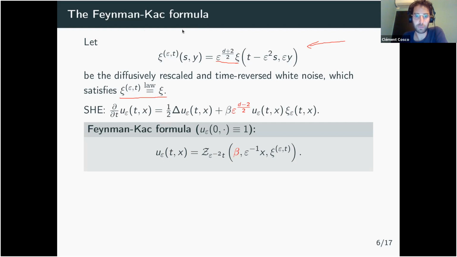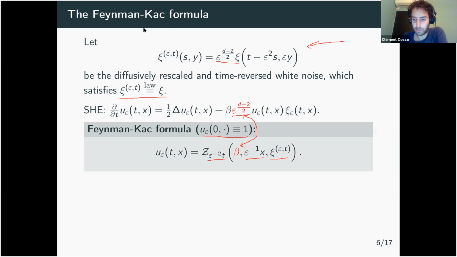So coming back to the equation, if you apply the Feynman-Kac formula to the SHE equation, you will simply find that this equality holds: if you start with a flat initial condition of the SHE, then the solution of the SHE is given by the rescaled polymer partition function, rescaled in time and in space, under this rescaled noise instead of the original noise, and at the temperature beta. Let me mention that an important fact of taking this epsilon to the d minus 2 here is that if you take exactly this temperature, you will find beta here.